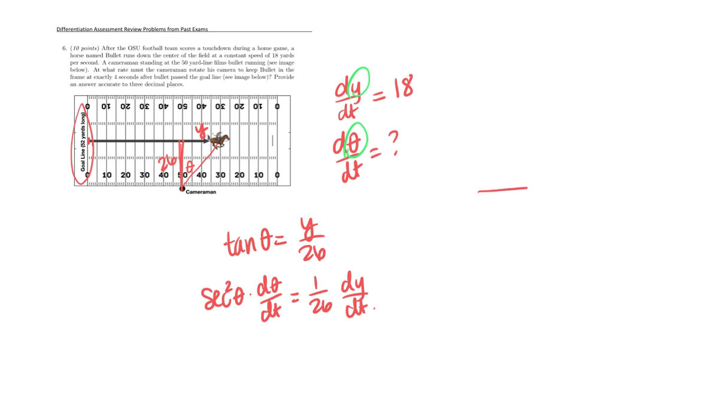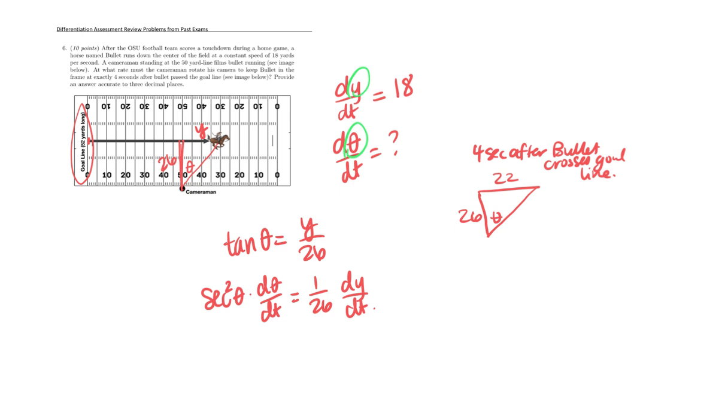So let me draw the angle. So this is 26, and this is 22. So this is 4 seconds after Bullet crosses the goal line. That is the situation that we're in.